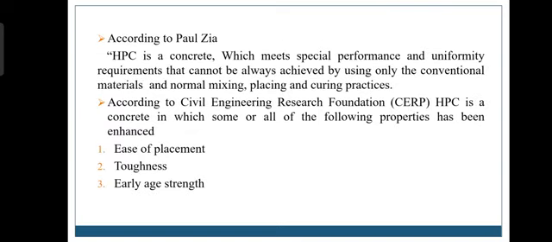According to the Civil Engineering Research Foundation, high performance concrete is a concrete in which some or all of the following properties have been enhanced: ease of placement, toughness, early age strength.